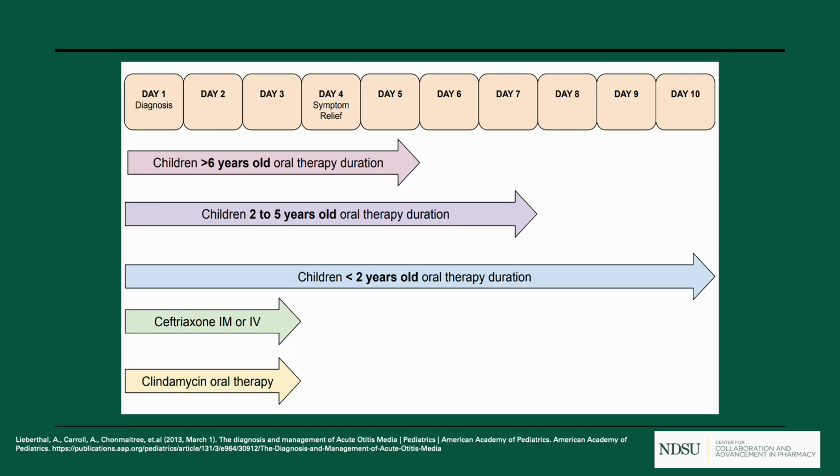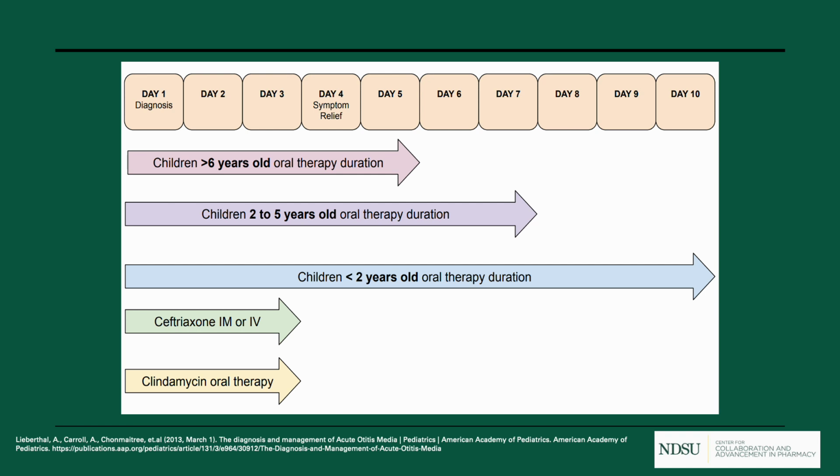Now, on the last slide, I did not touch on duration except for those special third-line treatments of ceftriaxone and clindamycin, and that is because the duration of these oral antibiotic therapies varies based on the age of the child.